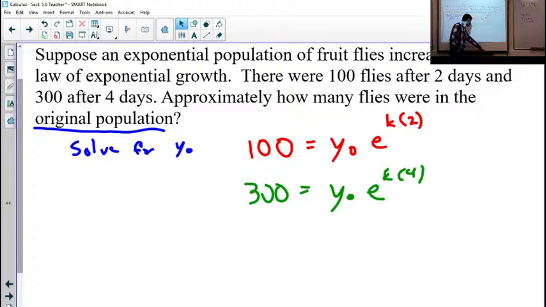So we're going to need the e part by itself so we can rewrite.